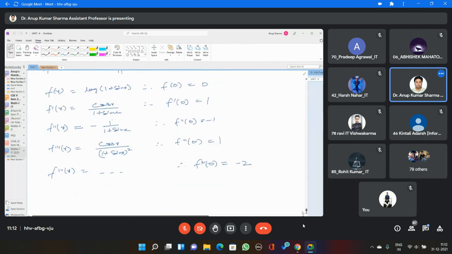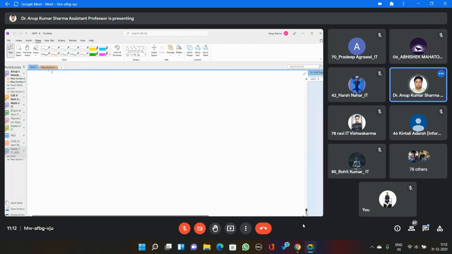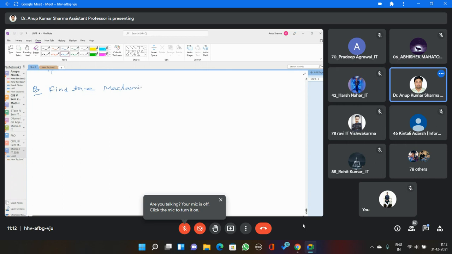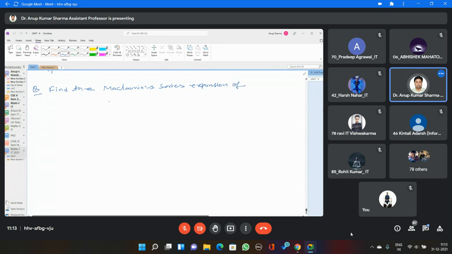So this is the other question: find the Maclaurin series expansion of log of 1 plus e to the power x. I think you can do this one.